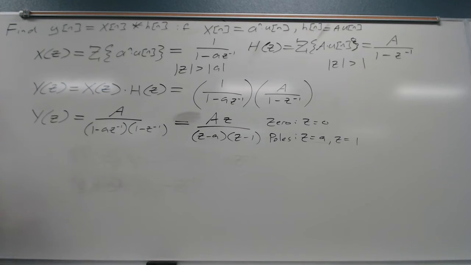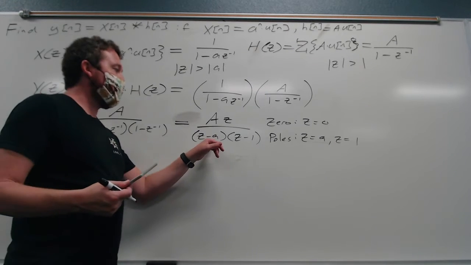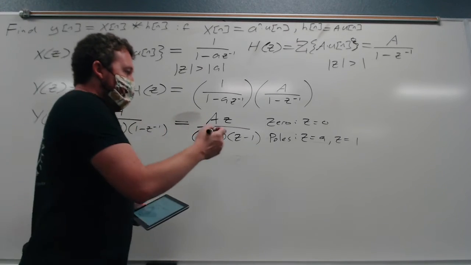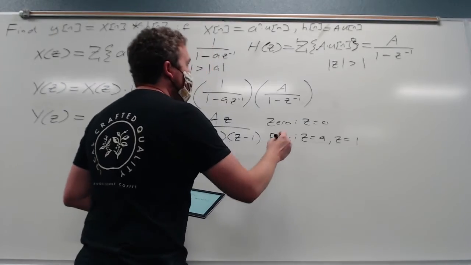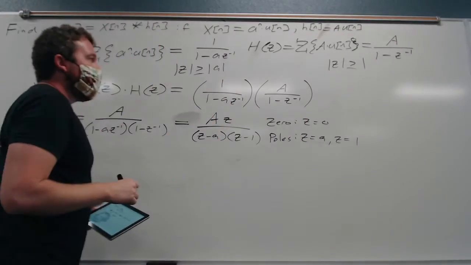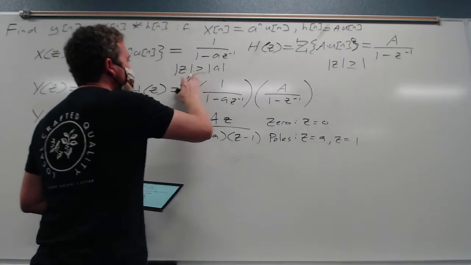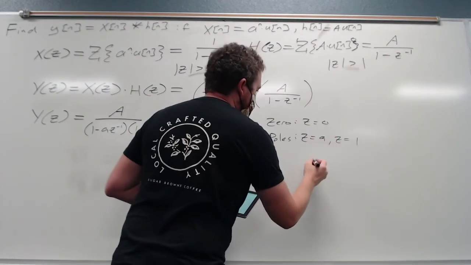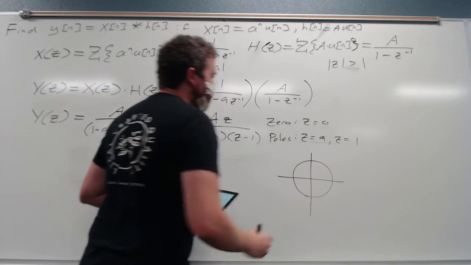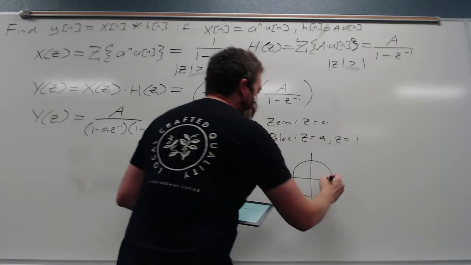Now the region of convergence here is going to depend slightly on whatever the value of a was, right? Because remember that if the region of convergence is greater than whatever those constant values are, then the region of convergence starts at the outermost one.